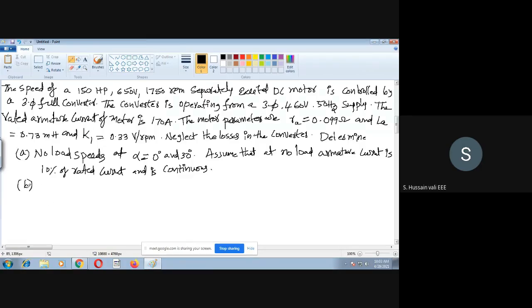Second question: the firing angle to obtain the rated speed of 1750 RPM at the rated motor current.